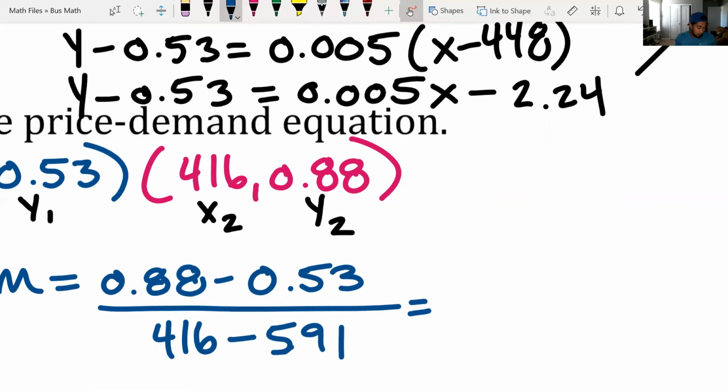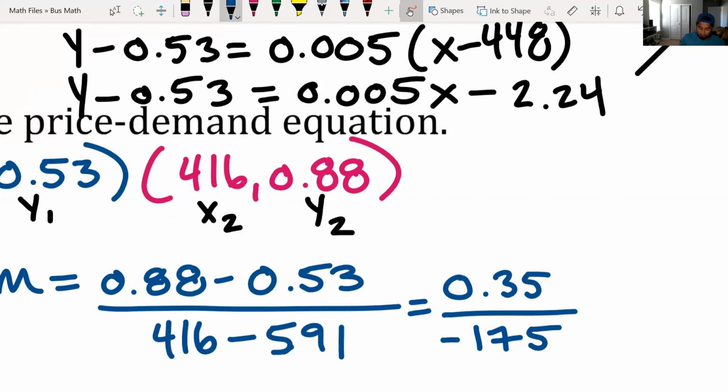Okay, and let's see, I have 0.88 minus 0.53, which is 0.35, 416 minus 591, negative 175, and 0.35 over negative 175 is a negative 0.002.